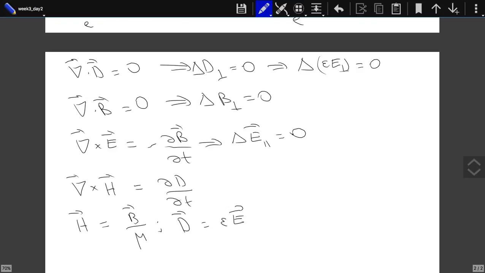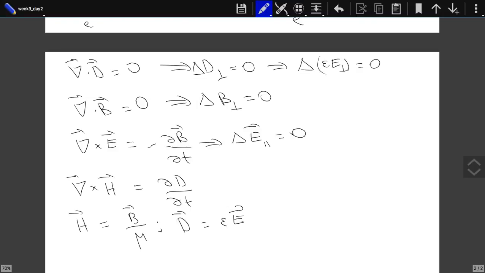But as we set the width of this loop to 0, the flux goes to 0, so its change goes to 0. So the integral of the electric field around the very thin loop, which goes over both sides of my surface, should be 0. So that tells me that the parallel component of the electric field should be the same, because as you go around the loop, they should just cancel each other.